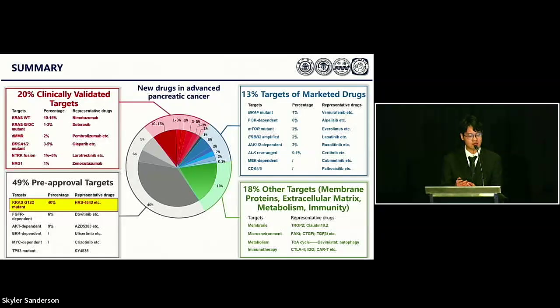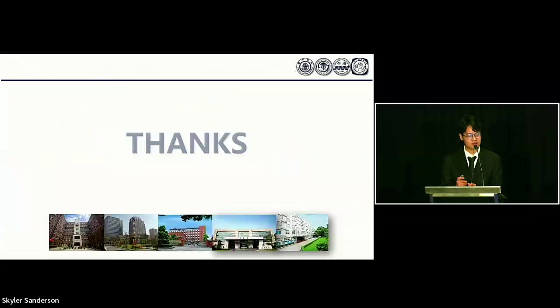Besides, several targets related to immunity, metabolism, and the tumor microenvironment also deserve more attention. We hope that more targets will be explored in the future and finally bring benefit to pancreatic cancer patients. Thank you for your attention.